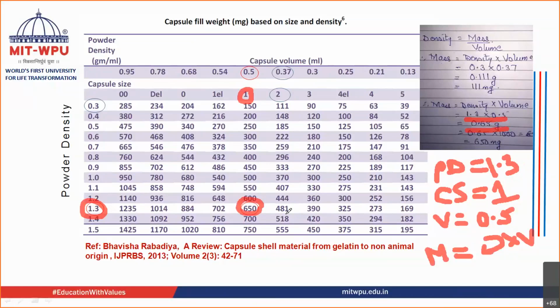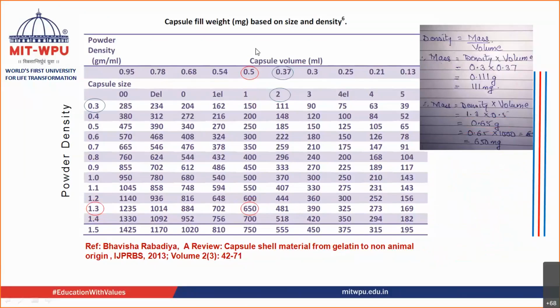So depending upon the powder density and the capsule size, different amounts of material can be filled. Just for an example, if you have capsule size 1, depending upon the powder density, the amount of material that can be filled inside it ranges from 150 to 700 milligram. Are you understanding?